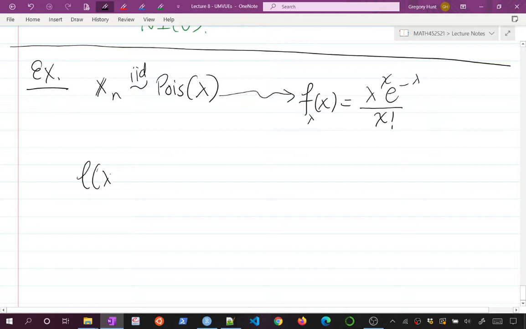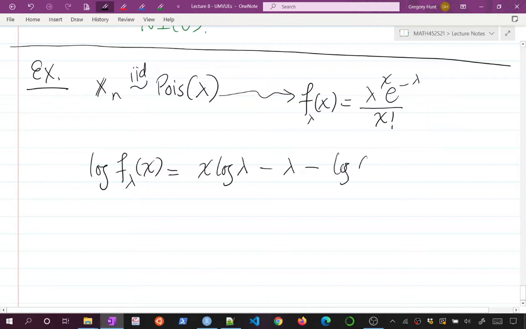If I look at the log of f lambda of x, it's going to be x log lambda minus lambda minus log of x factorial.